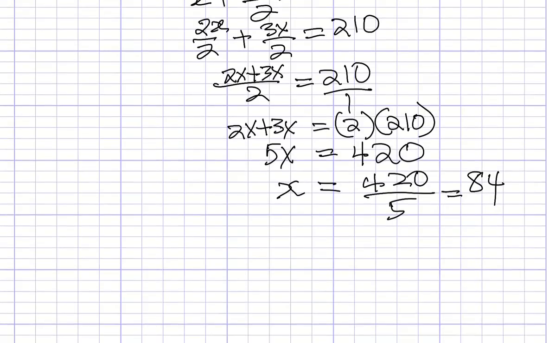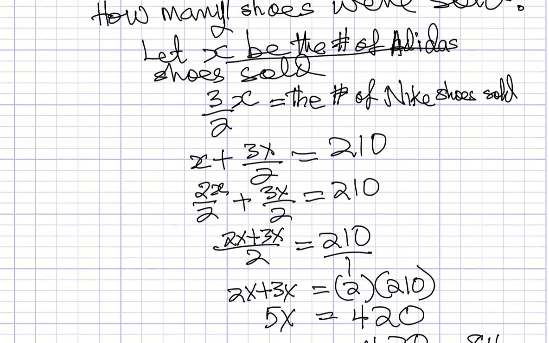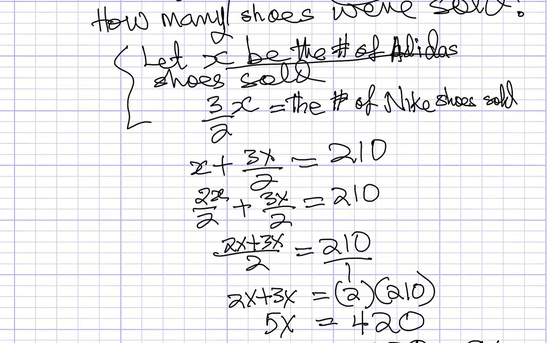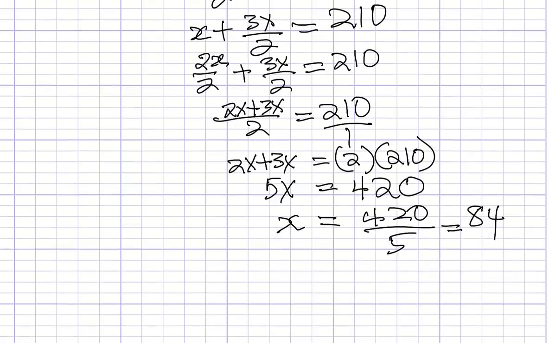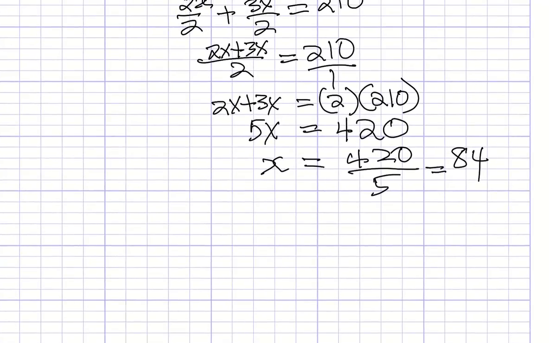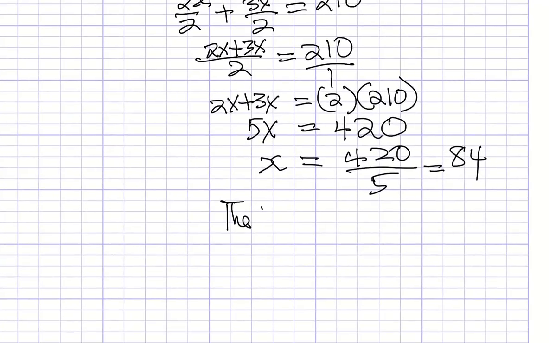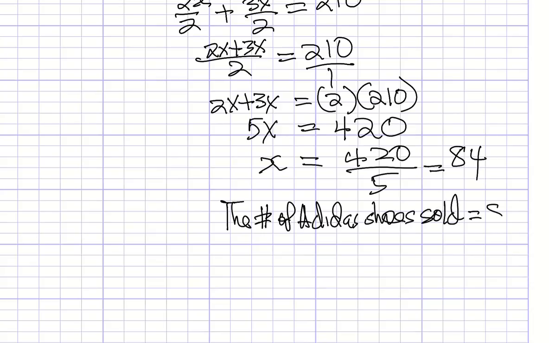So based on our stipulations here, the number of Adidas shoes sold that day is 84.